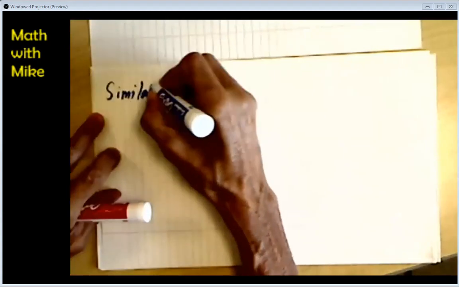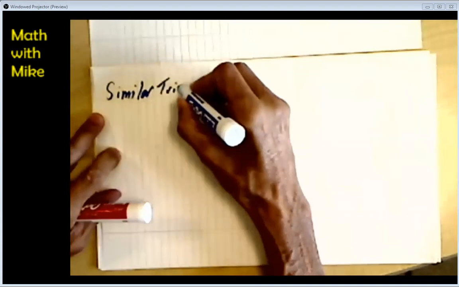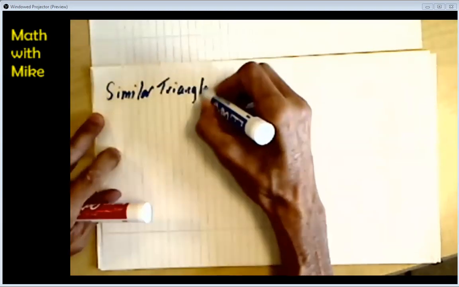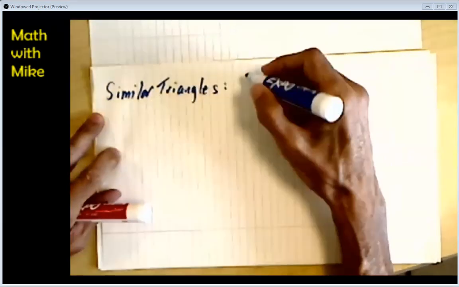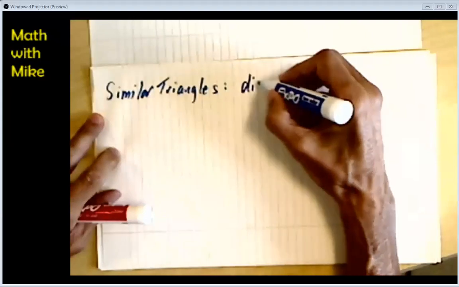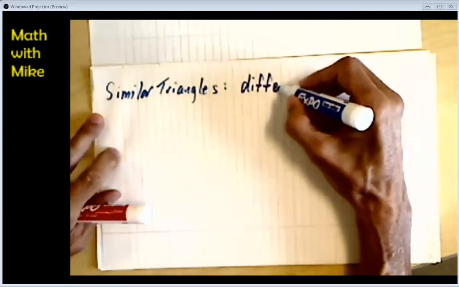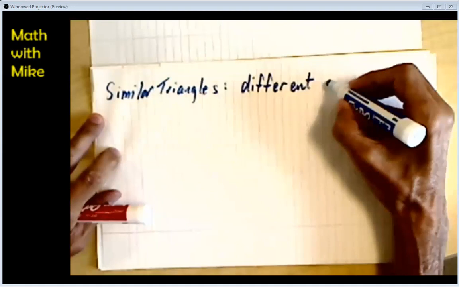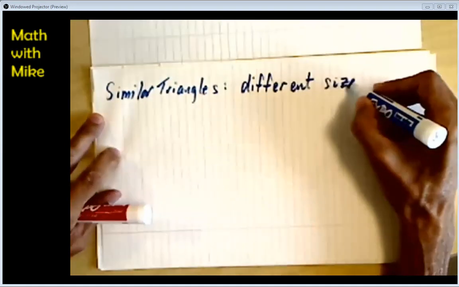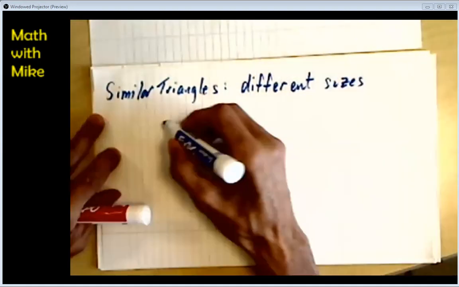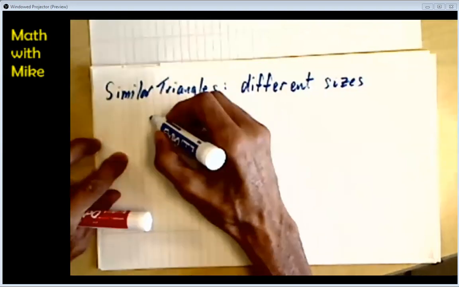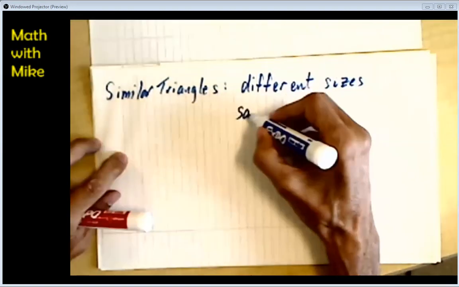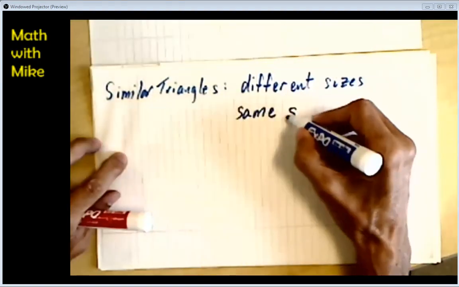Okay, so similar triangles. What do they have? They are different sizes. But what they do have is the same angles, same size angles, that is.